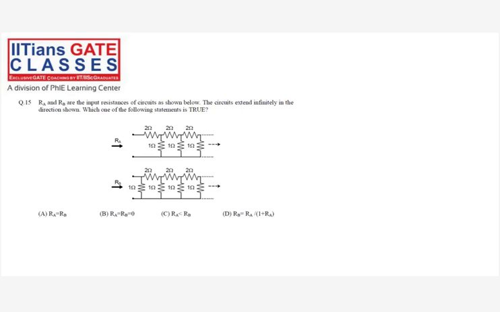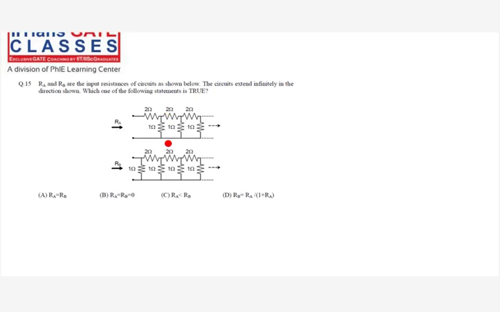Okay, let me solve this. See, if you can see the similarities between these two networks, everything is the same. RA is all the same as RB except for the 1 ohm resistor. Here, there is no 1 ohm resistor. Except for that, RA and RB are the same.